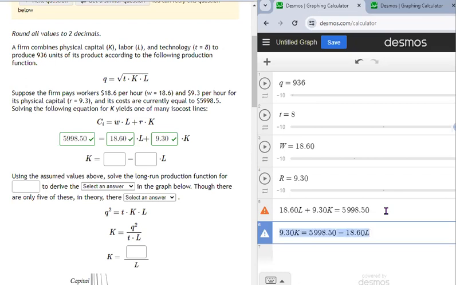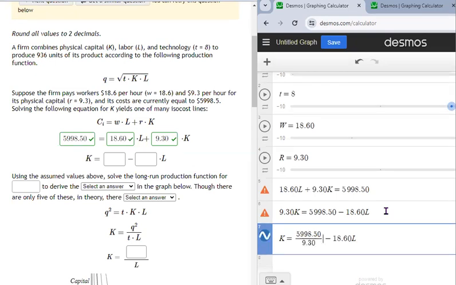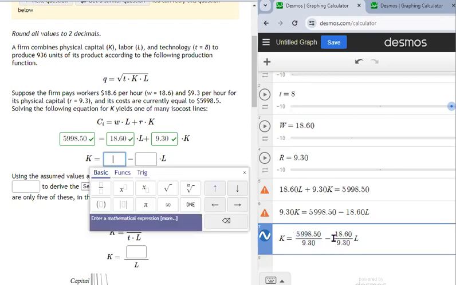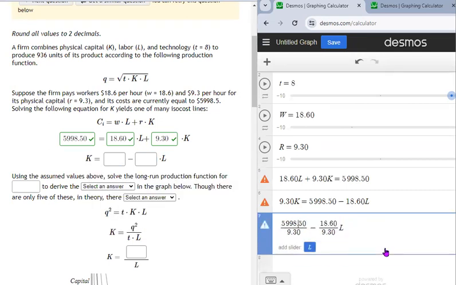Okay. And now I got to divide this by the price of capital. And I got to divide this by the price of capital, right? And so this ratio here is that number. And this ratio here is that number. So let's go ahead and do that.